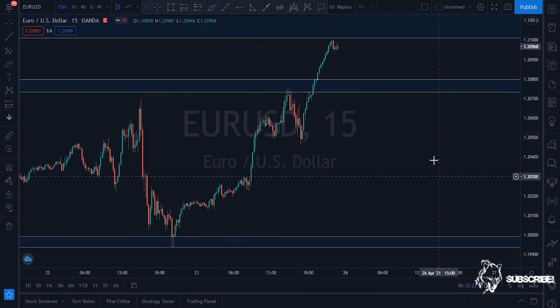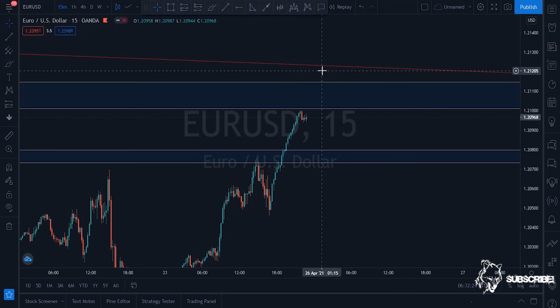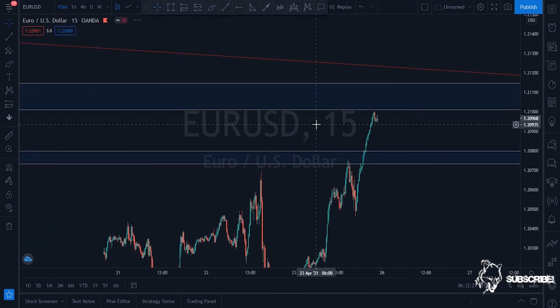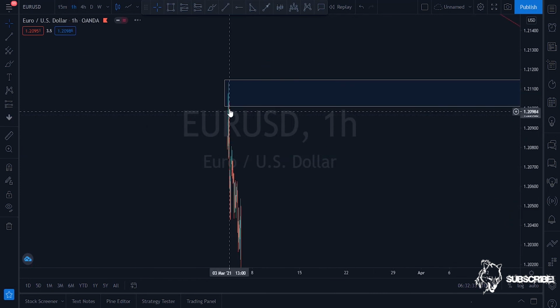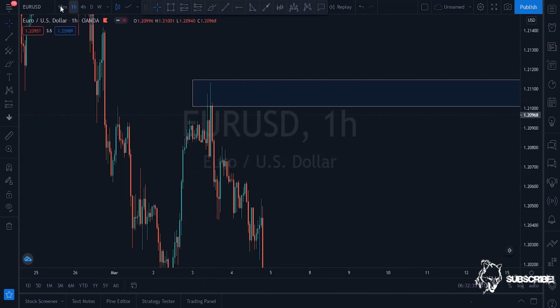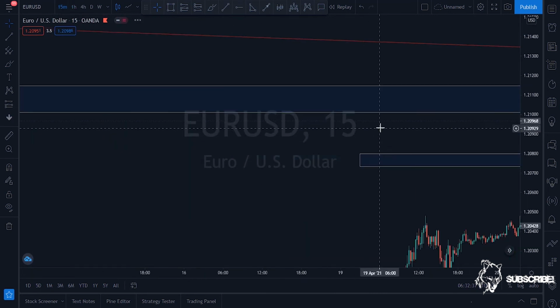Now we're seeing that it's trying to get to that area there, but we see this resistance here. Let me see if I can draw a nicer one, because this one is quite big.